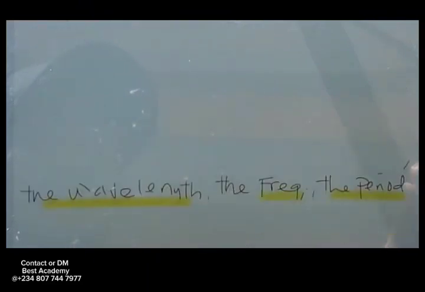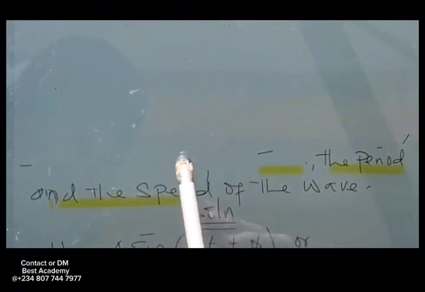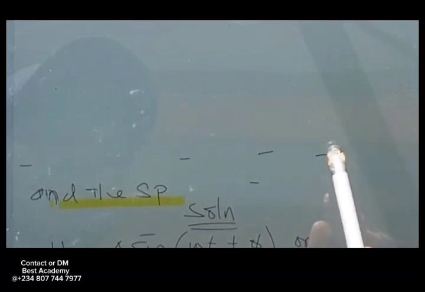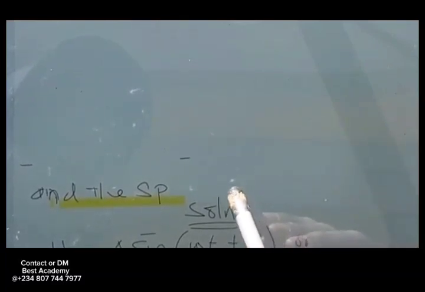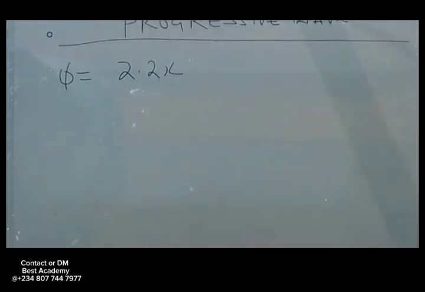So now let's look into the question to know what we are asked to calculate. Of course, we are asked to find the amplitude, the wavelength, the frequency, the period and the speed. From this comparison we can now know the formula on how to calculate frequency and the rest.